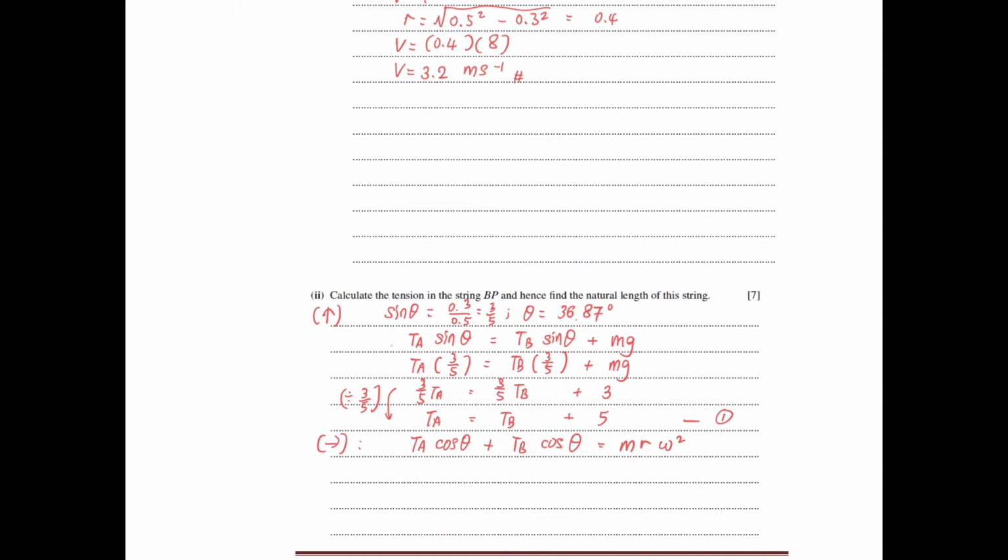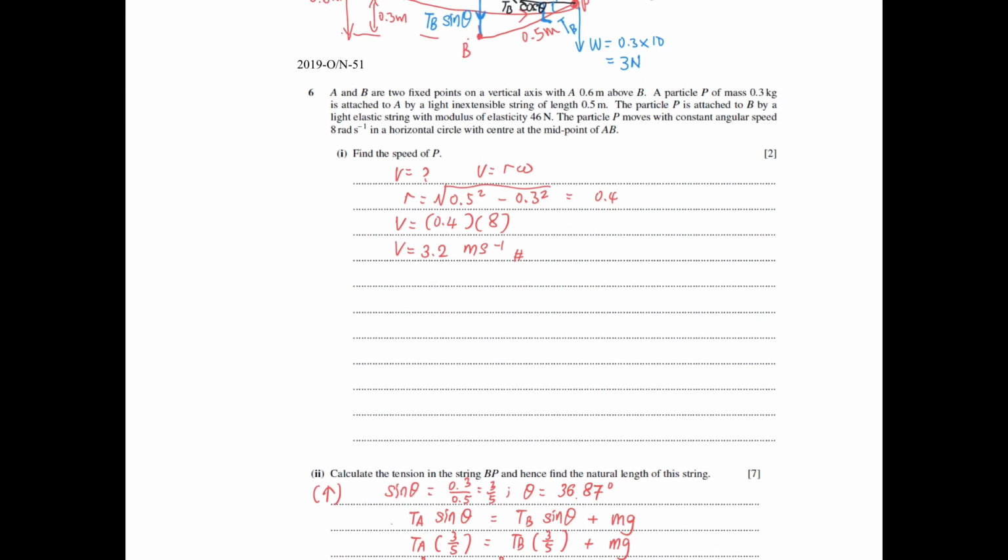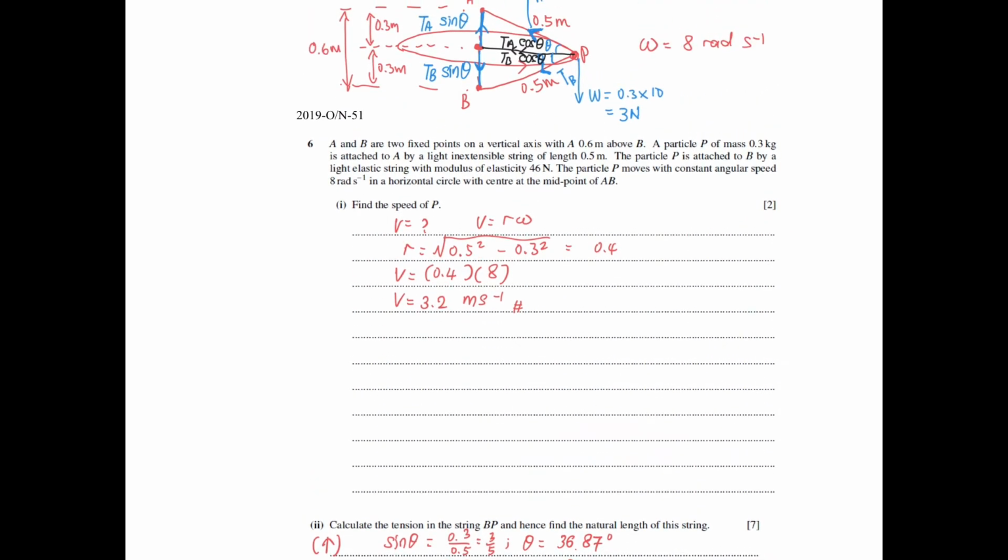We can find out cos theta easily. As in part 1, we already know the r is 0.4. As you can see in the triangle, the radius is 0.4 adjacent, and the hypotenuse is 0.5. So cos theta is 0.4 over 0.5.